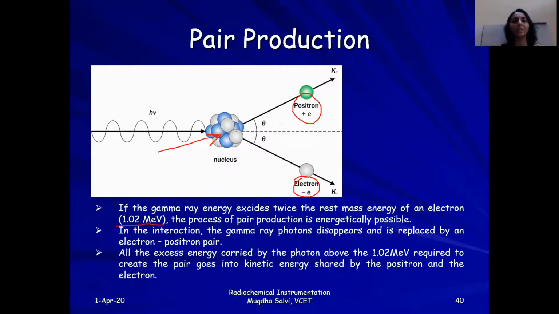So there will be some amount of energy required for converting it into a positron and an electron, and then the extra energy will be transferred into kinetic energy of the positron as well as the electron. This is the pair production process.